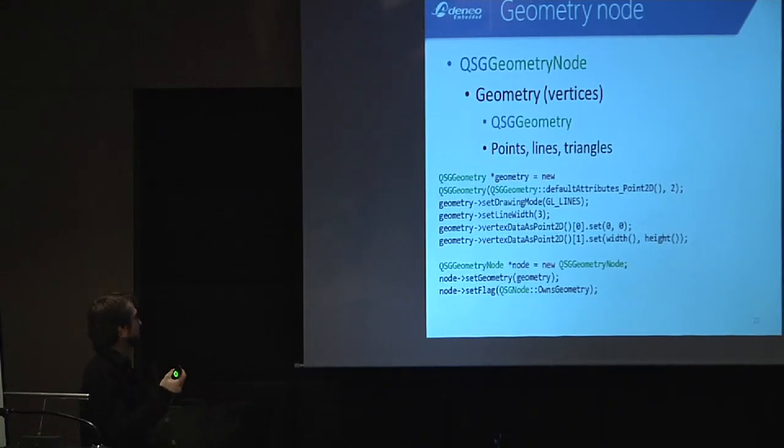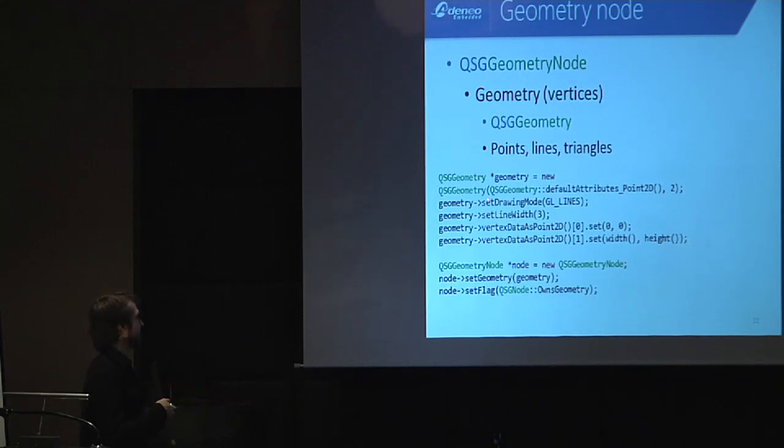And from that vertex, you will be able to draw points, lines, so vertices that are connected, or triangles, which are like 3 vertices connected together. And when, for example, drawing a rectangle, actually that's 2 triangles put together internally.